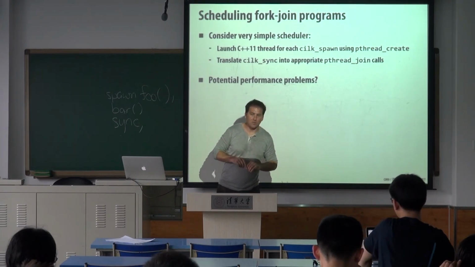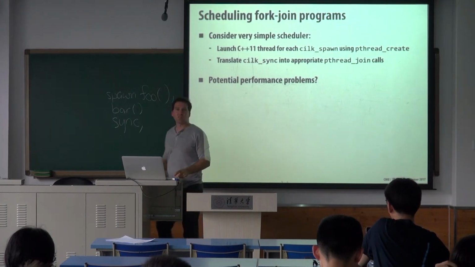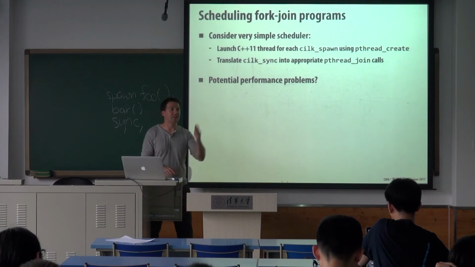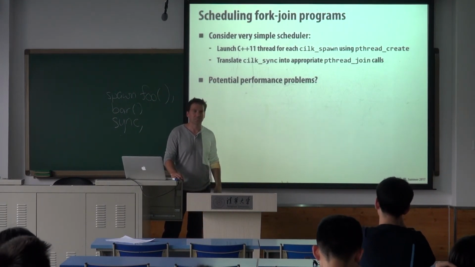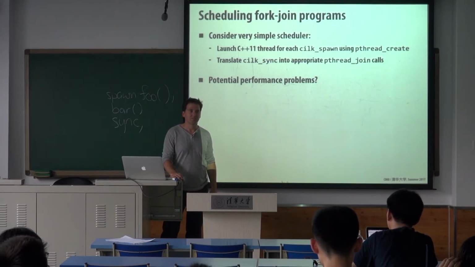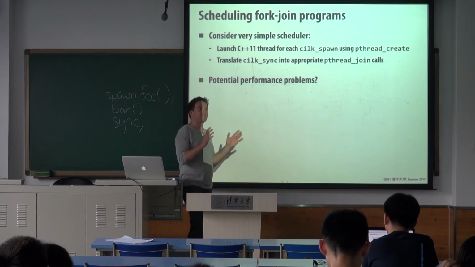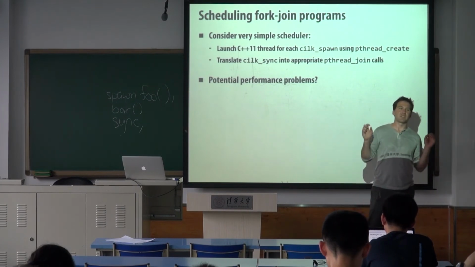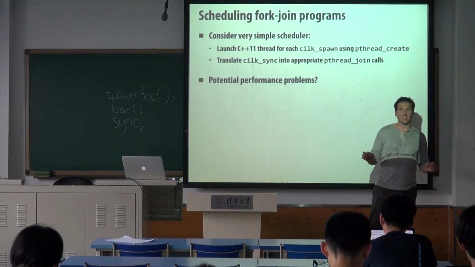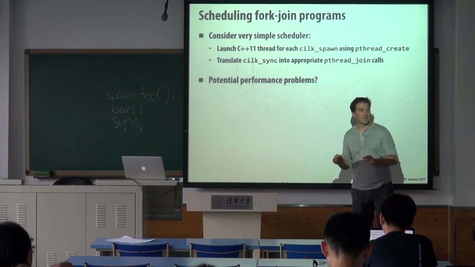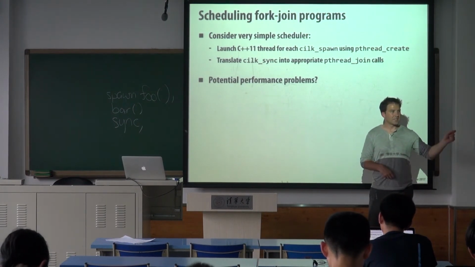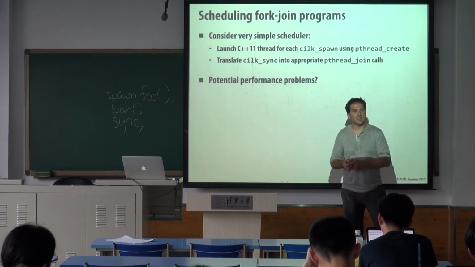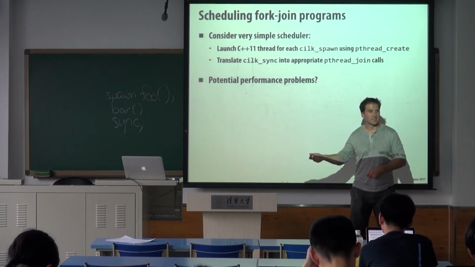So one answer would be that every single time I call Cilk spawn on a function, I go ahead and create an actual thread for that function. Make sense? So one possible implementation, if I gave you as a homework assignment, please go implement the Cilk compiler, the easiest possible solution you would come up with is, every time I see spawn, I will run it in parallel, so I'll just create a thread and do the work on that thread.